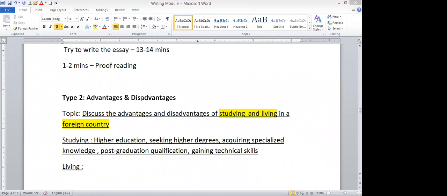That means you're going to reside. You're going to stay. You're going to settle down. If I'm saying I'm going to live in Australia, that means I'm going to reside in Australia, I'm going to stay in Australia.